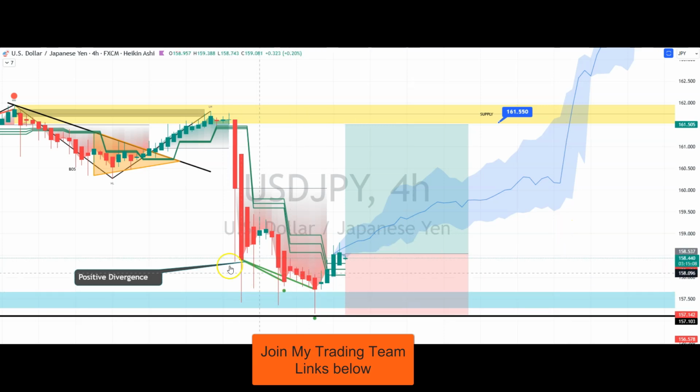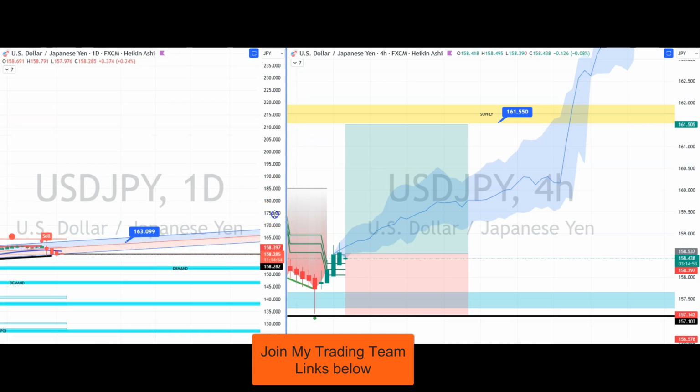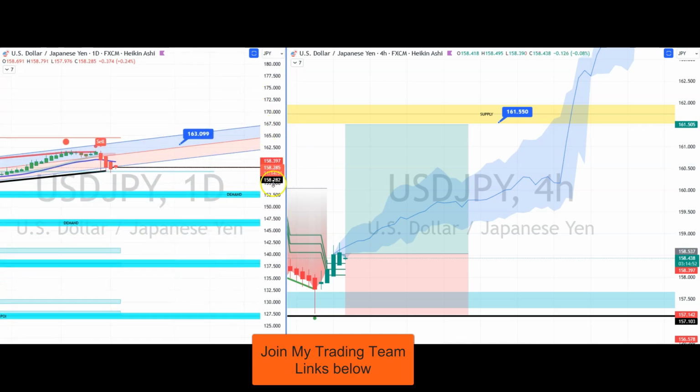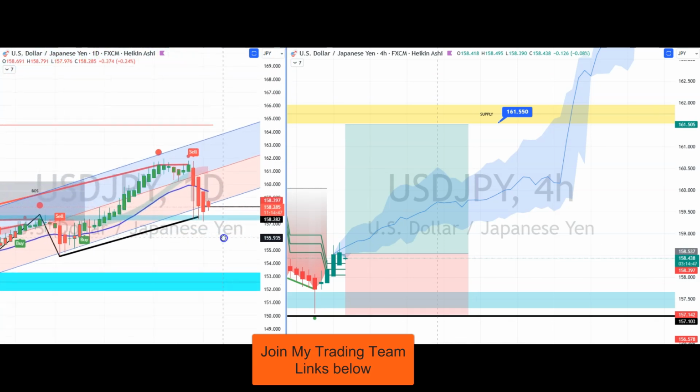We've got positive divergence on the market, indicated by this green line, which is very strong. We've got the price hitting a very high demand area, and we can see by the daily that it's hitting a very strong support line as well here on the left.